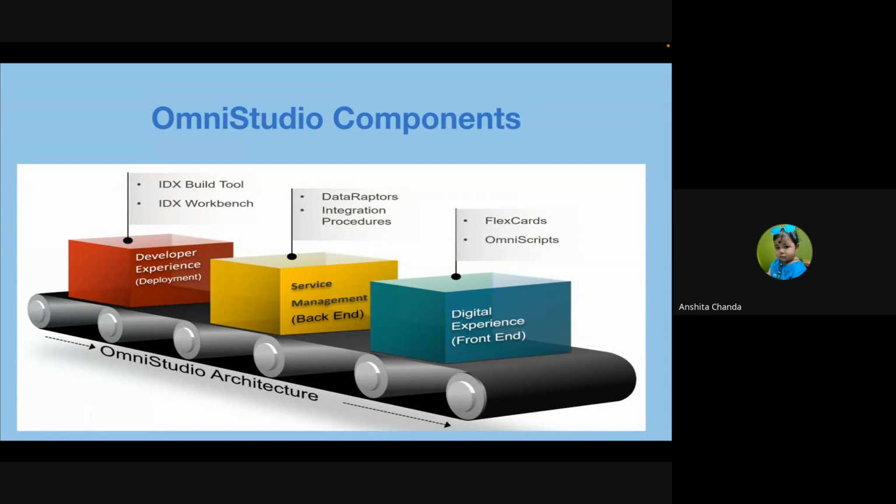You can consider this the skin, this the brain, and this something which gets deployed once you have done your development in the local sandboxes. For development purposes we have used import export, but there is also IDX Workbench. You can use IDX Workbench to deploy your components to different sandboxes.